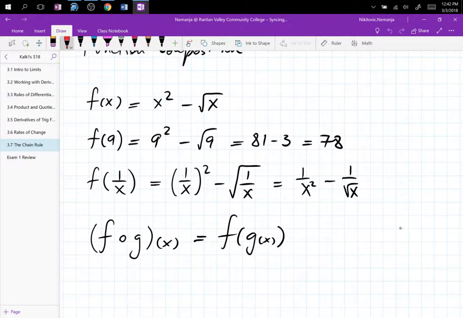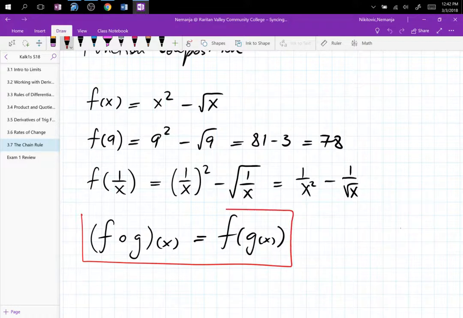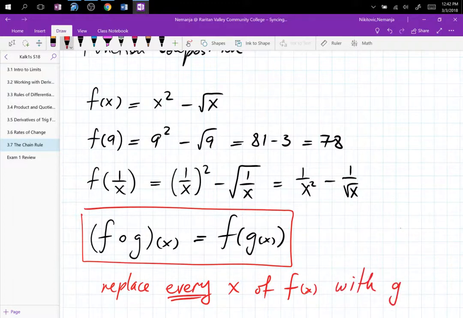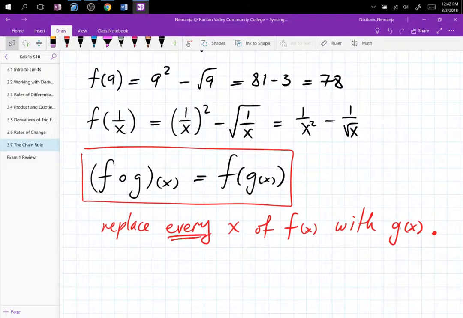So I'm going to actually box this here, and I will say: replace every x of f of x with g of x. So that is what is happening for function composition.